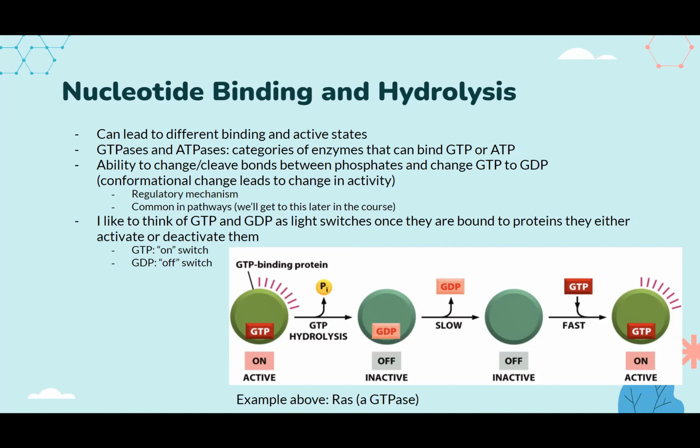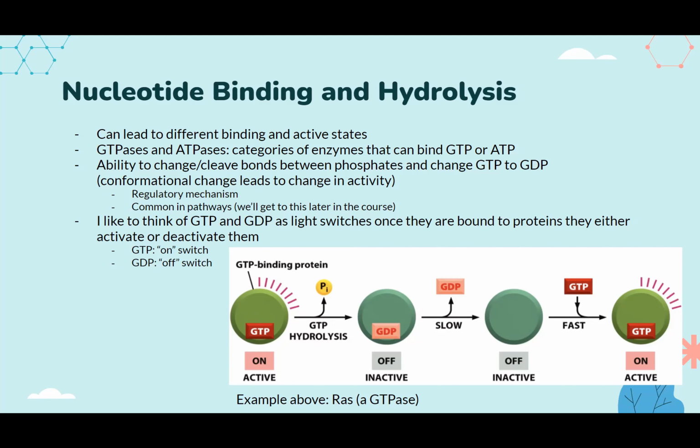They have other proteins that will help, but basically when they are attached to GTP, they are active. And then when they do the hydrolysis, they are inactivated and attached to GDP.